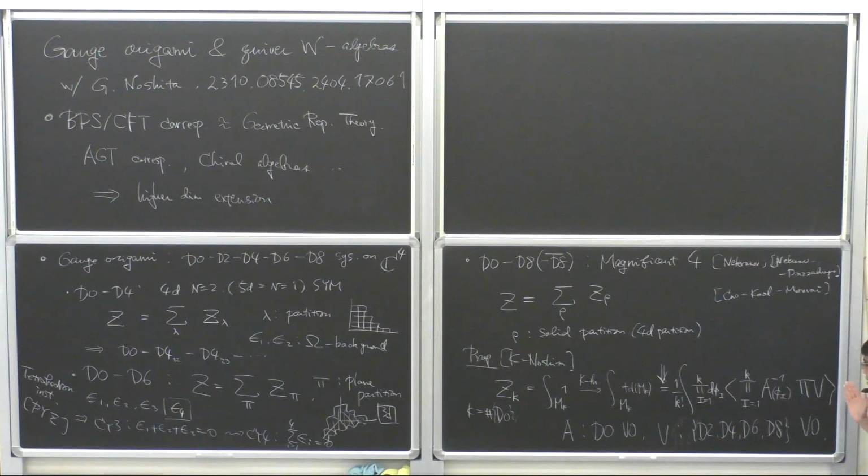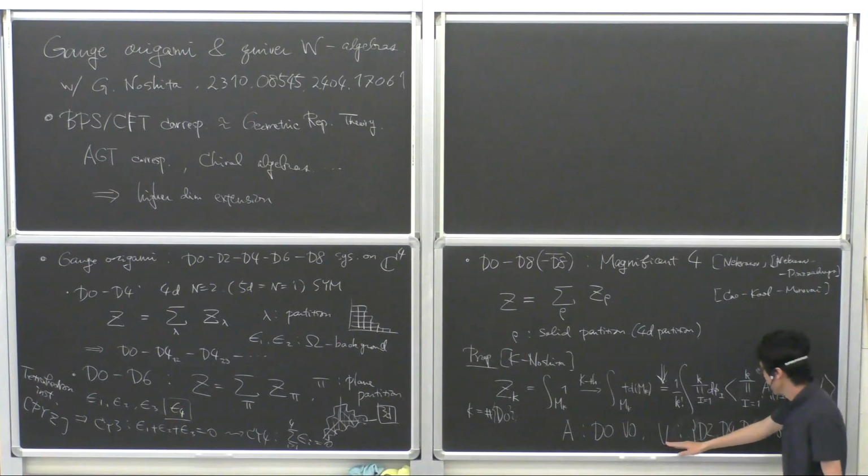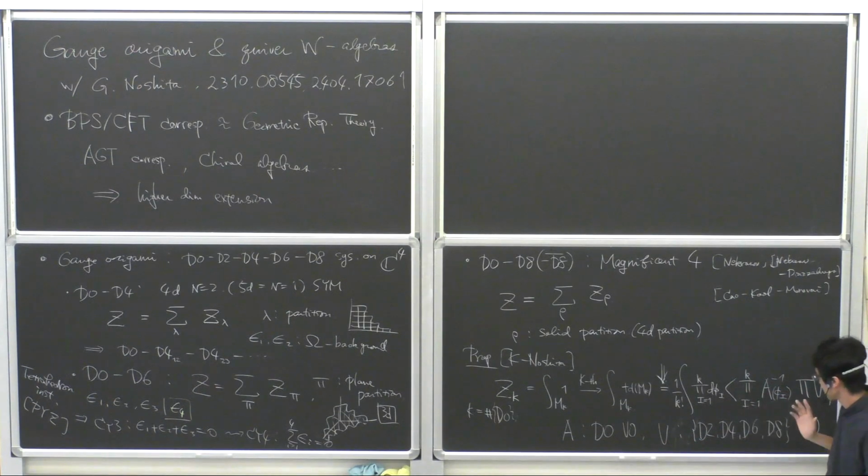If you think about D0-D4, we should think about the vertex operator corresponding to D4. If you want D0-D8, we should think about the vertex operator corresponding to D8. So this part depends on what kind of theory you are talking about, but the D0 brane contribution is nicely organized here.